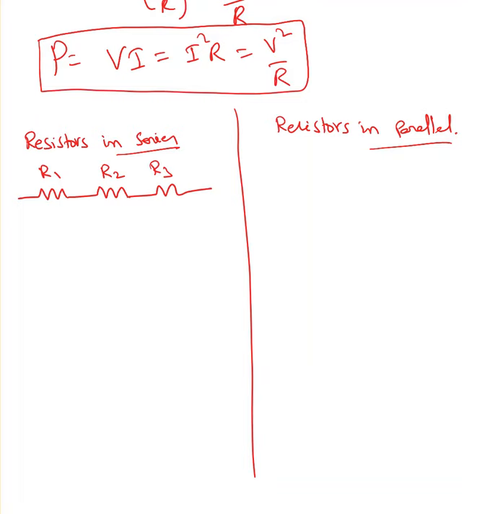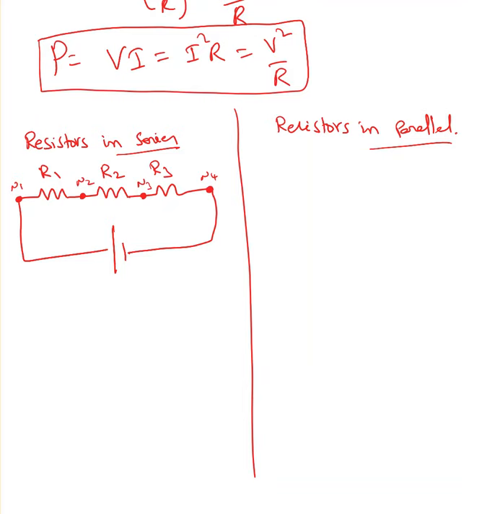These three resistors are in series because of the nodes. Let me put one more voltage source. How many nodes are there in the circuit? There are 4 nodes. A node is a point where 2 or more elements are connected: node 1, node 2, node 3 and node 4.